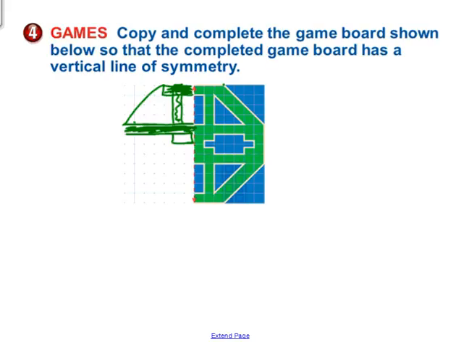Back 2 boxes. And again, I'm just copying the green at this point.